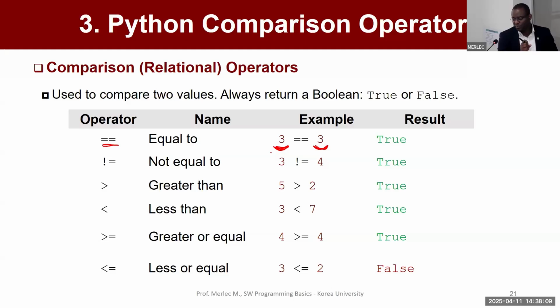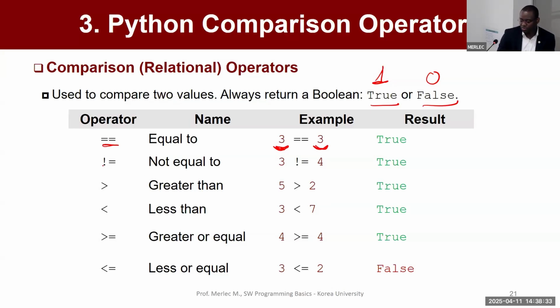The comparison operators will always return Boolean type values, whether true or false. In Python, true is implemented as 1 and you can use 0 for false. So this is the same thing; it can also be interpreted as 1 or 0.